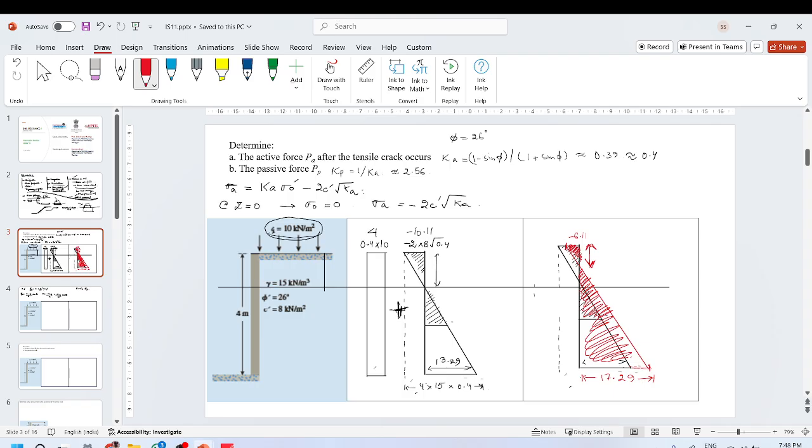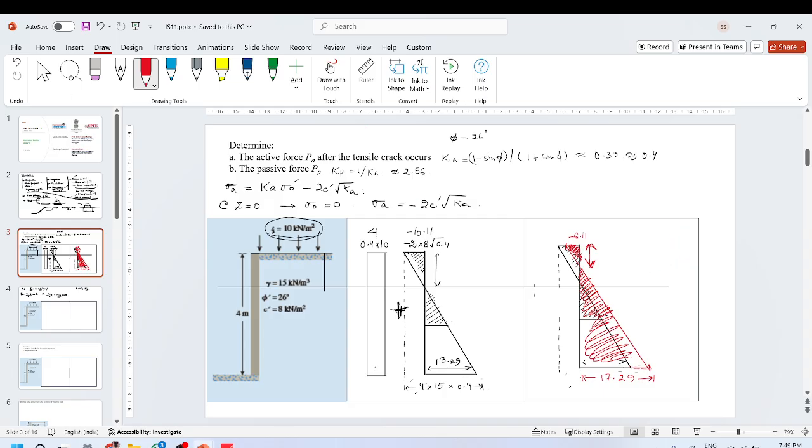Active force PA after the tensile crack occurs. The tensile crack has occurred. We need the PA.